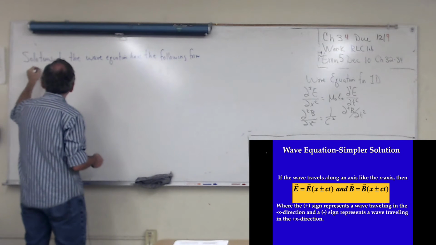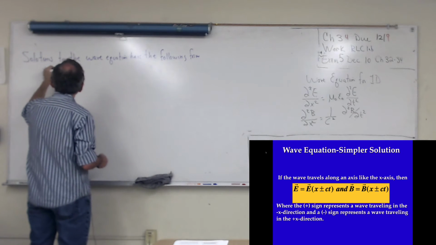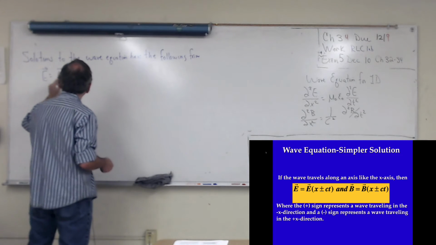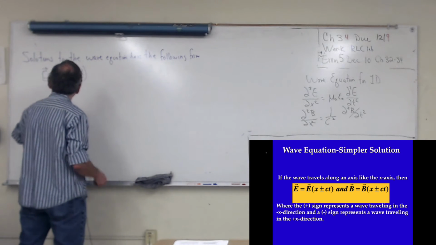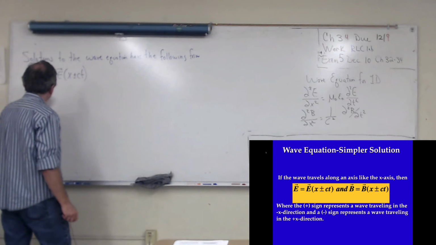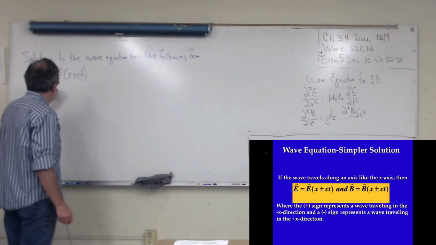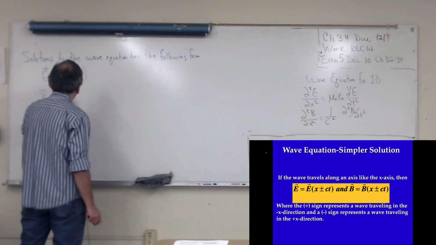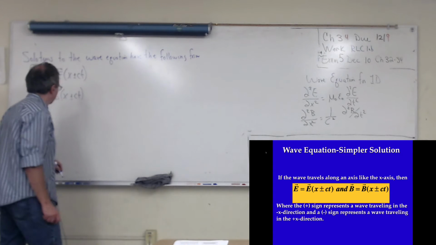The electric field is some function of x plus or minus the speed of light times t. And the magnetic field has some form that also depends on x and a product of c times t.